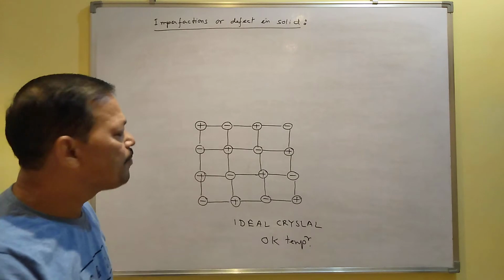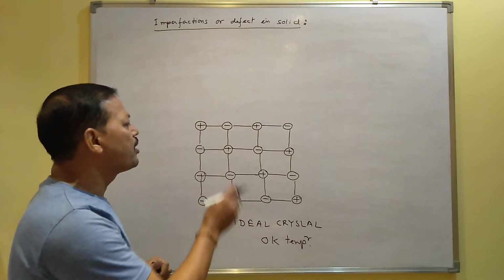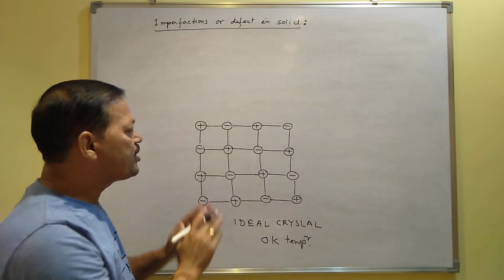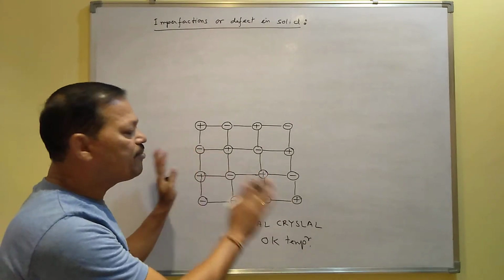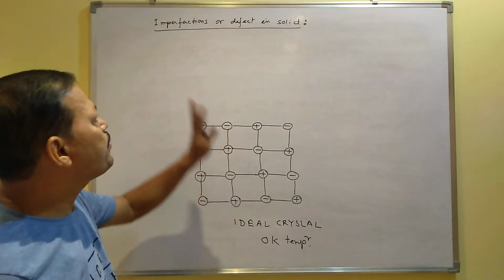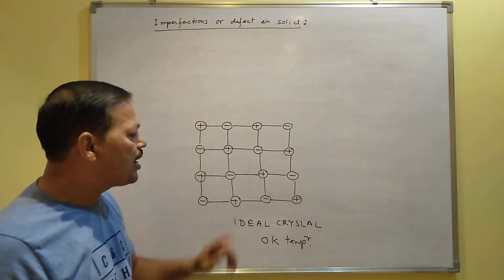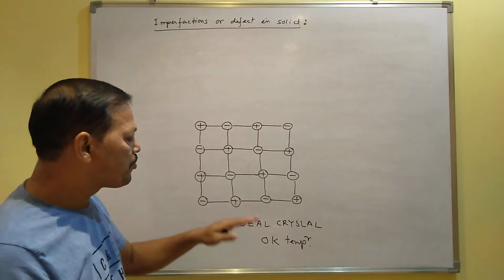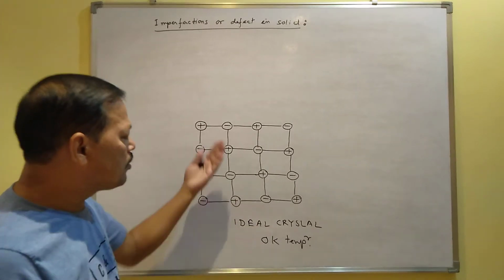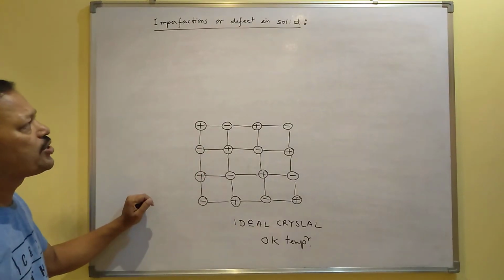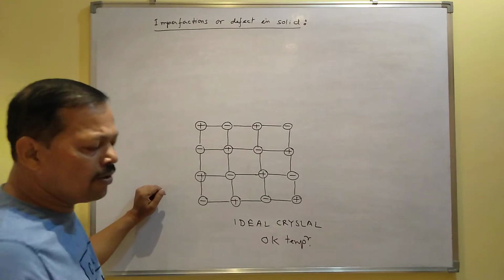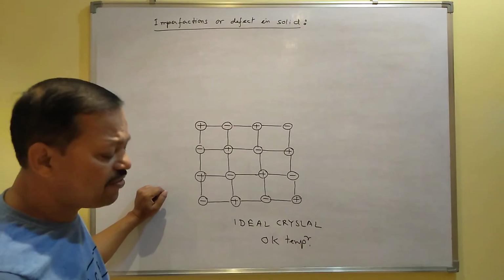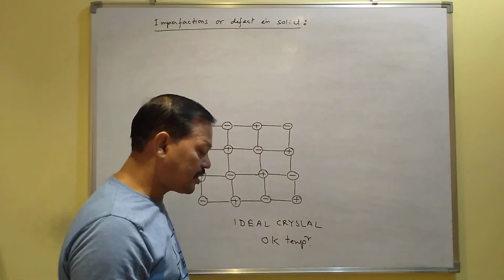Ideal crystal means the crystal in which the particles are present in their own lattice point, there is no disorder, no deviations, and this type of crystal exists only at 0 Kelvin temperature. Above 0 Kelvin the crystal shows some disorderness or defect, and then the crystal is said to show some defect or imperfections.